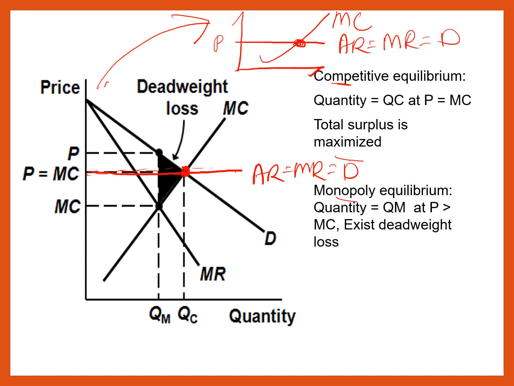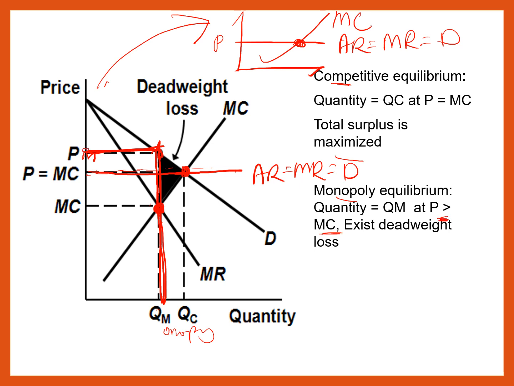But for the monopoly equilibrium, the quantity here is for the monopoly. For the case of the monopoly, MR is equal to the MC. So this is the touching point of MC and MR. Then you draw up to the demand, touching demand. So this is your price for the monopoly, and this is the quantity for your monopoly. It says that at the monopoly equilibrium, P is bigger than the MC.